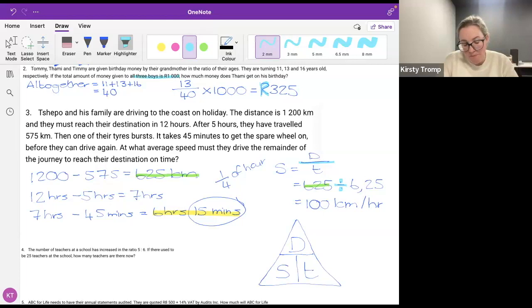Ma'am, on my calculator, when I say 625 divided by 6,25, you get 100. Oh, okay. Sorry, I think I made a mistake on the calculator. That's okay, don't stress.